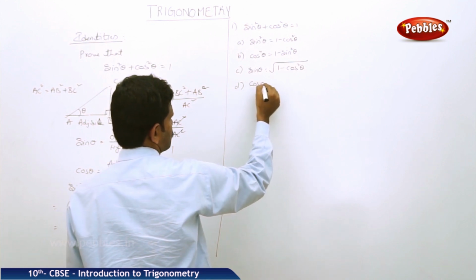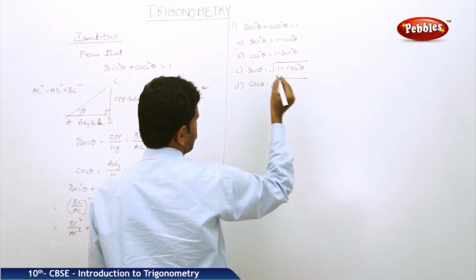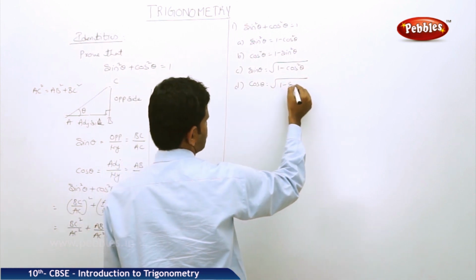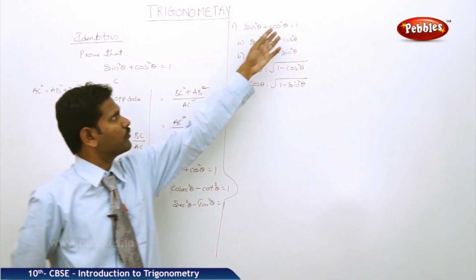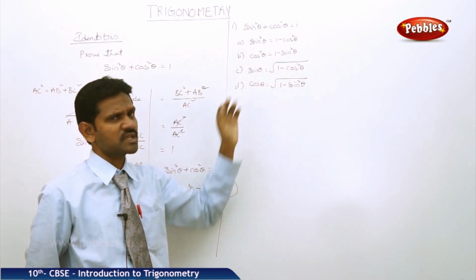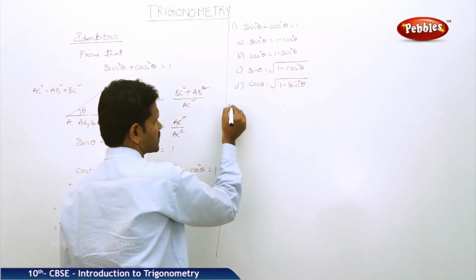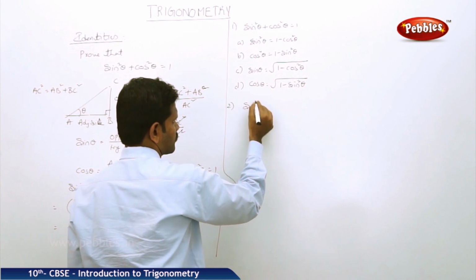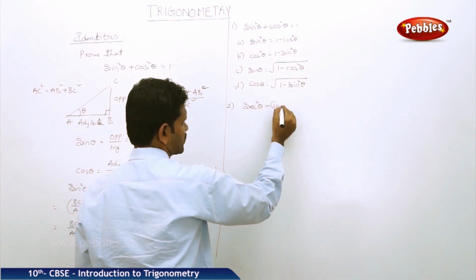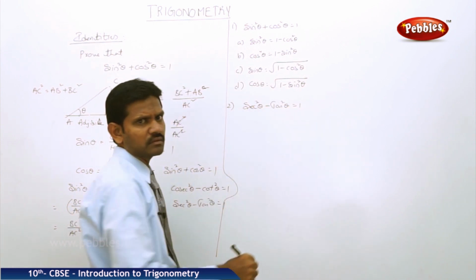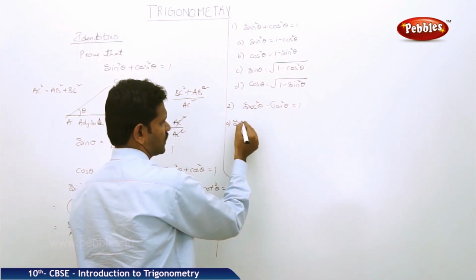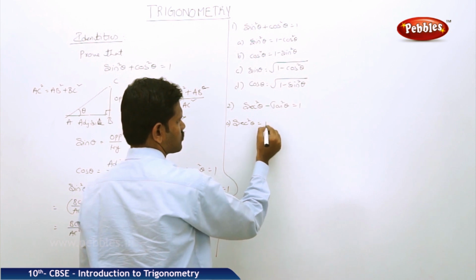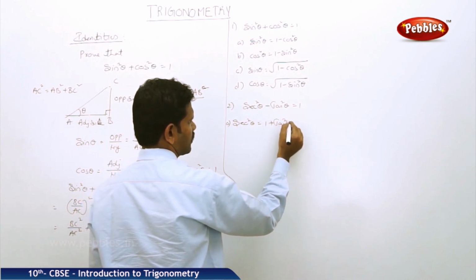Cos theta is equal to root over 1 minus sin square theta. That means from one identity, 4 sub formulas are generated. Second identity: secant square theta minus tan square theta is equal to 1. Sub identity 1: secant square theta is equal to 1 plus tan square theta.